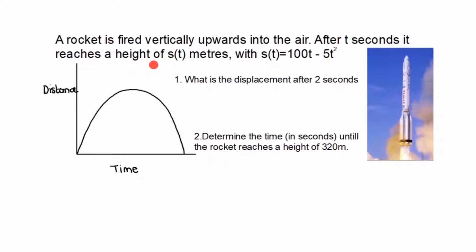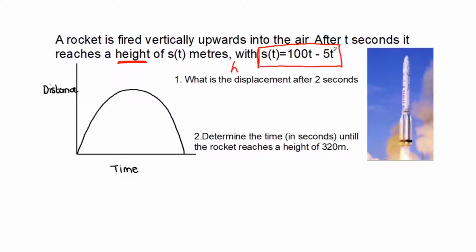The first example: a rocket is fired up vertically into the air. After t seconds, it reaches a height of s(t) meters, where s is given by this formula. So the height is described by this formula.